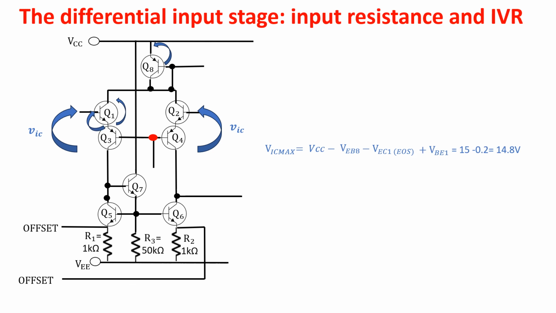All this equals 14.8 volts. The lower limit is reached when Q3 is driven on the edge of saturation. So the lower limit is VEE plus VBE5 plus VBE7 plus VCE3 plus VBE1 equals negative 12.7 volts.